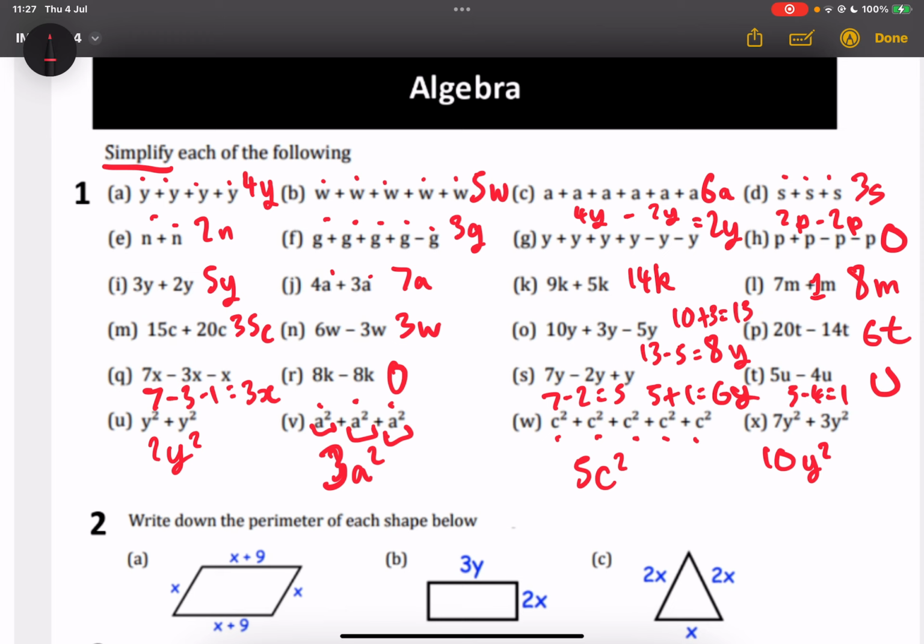The answers are saying 21, but I think they've got their BODMAS incorrect. So first we have to do our addition, then our subtraction. If you're doing subtraction first, then you'd get 15 plus 6, which is 21. But here we're doing addition first, because it's BODMAS. So 20 minus 11 is 9.